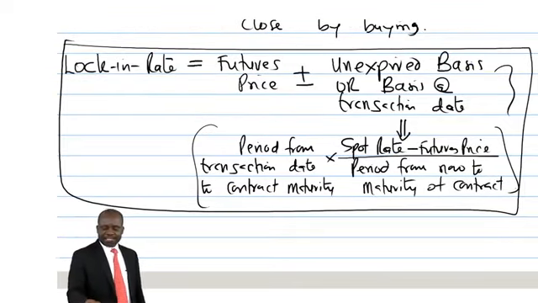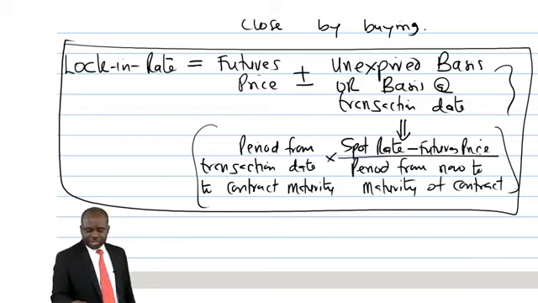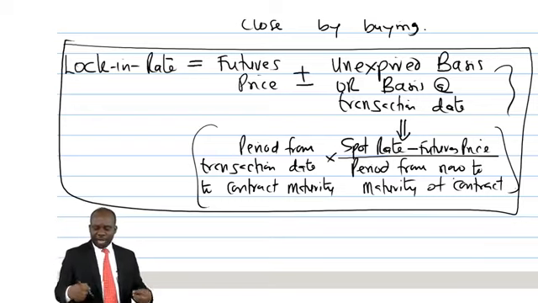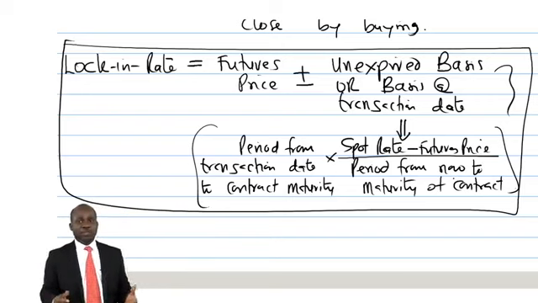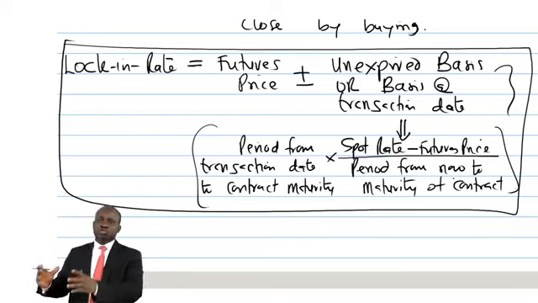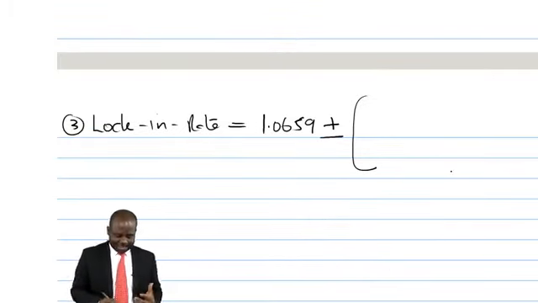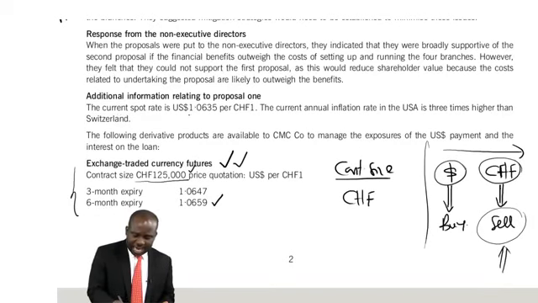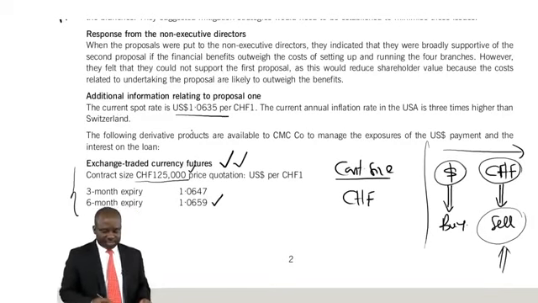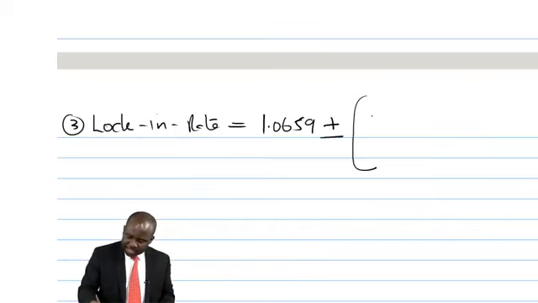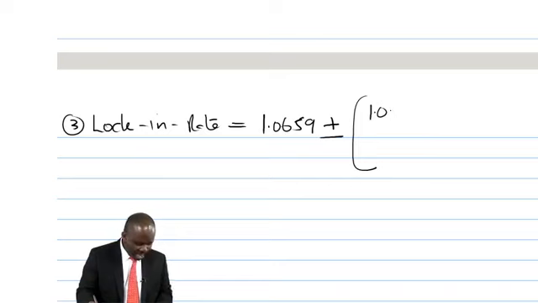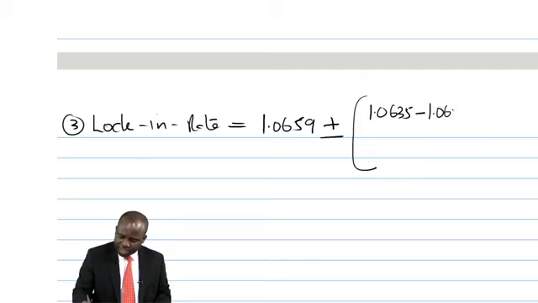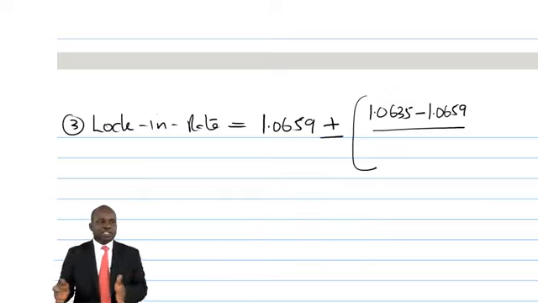Then I need the unexpired basis. The unexpired basis is the spot rate minus the futures price, divided by the period from now to maturity of contract, multiplied by the period from my transaction date to maturity of the contract. What is the spot rate? The question says the current spot rate is 1.0635. So this is 1.0635 minus the futures price of 1.0659, divided by the period from now up to the expiry of the contract.